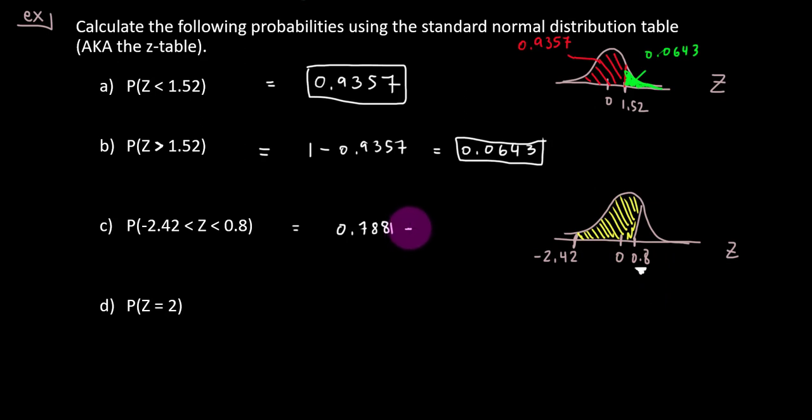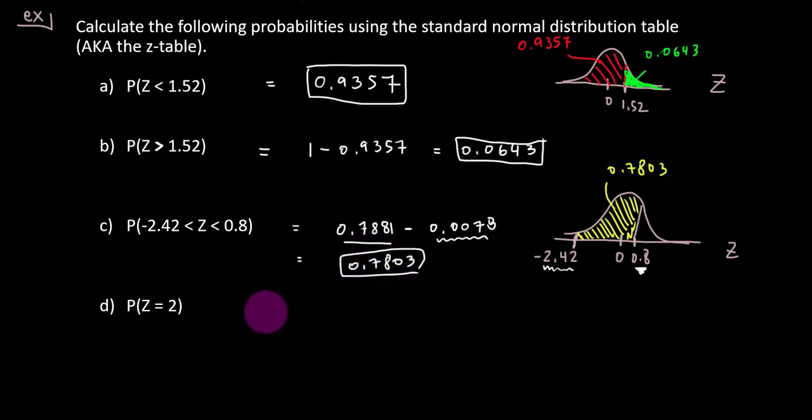I need to subtract the area to the left of negative 2.42. And as you can see, that is a pretty small area. I think it was 0.0078. So we're subtracting the two probabilities from each other to arrive at 0.7803.